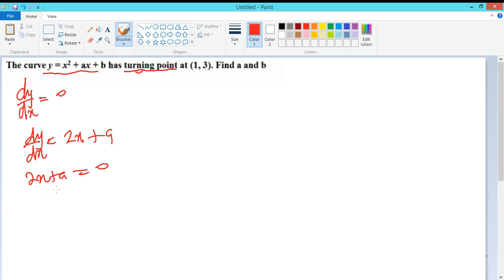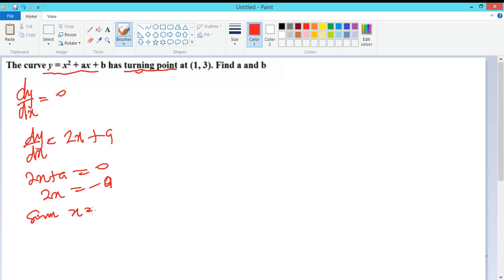Solving further, my 2x is equal to minus a. Initially, we would have used this to solve for the x value, but now the x value has been given. So just plug it inside.